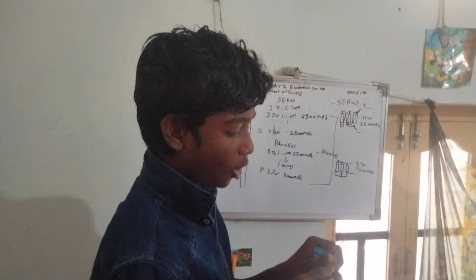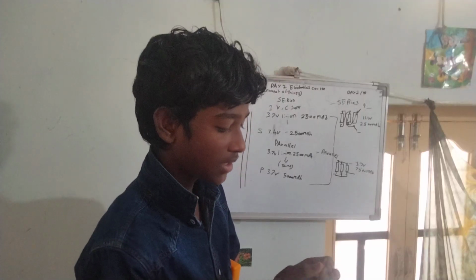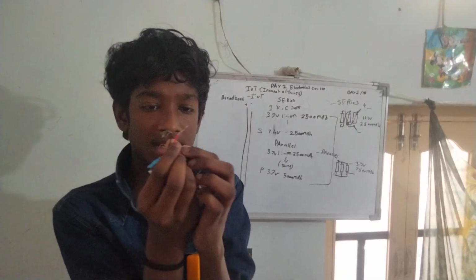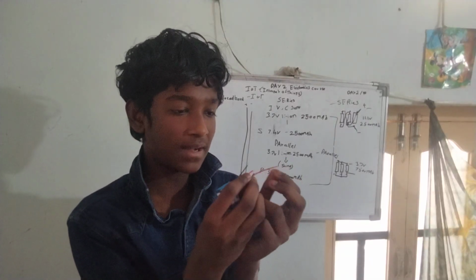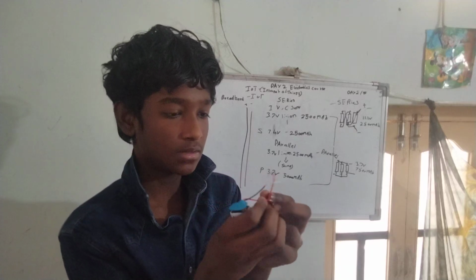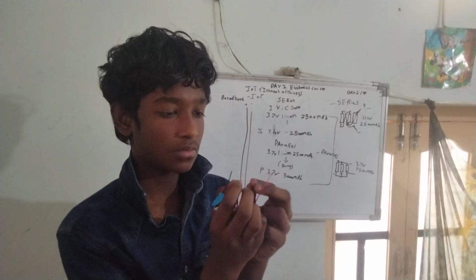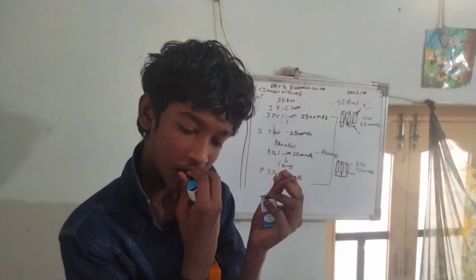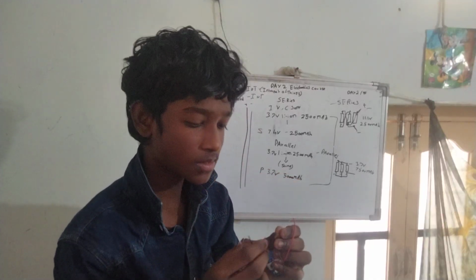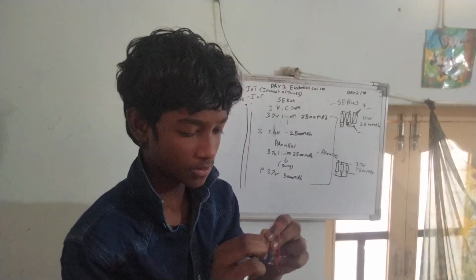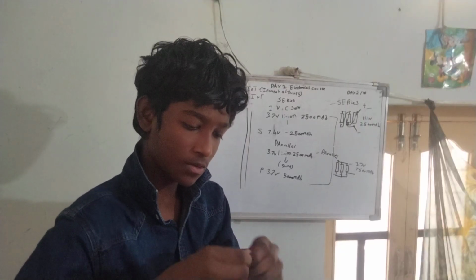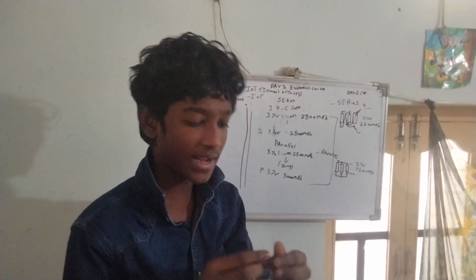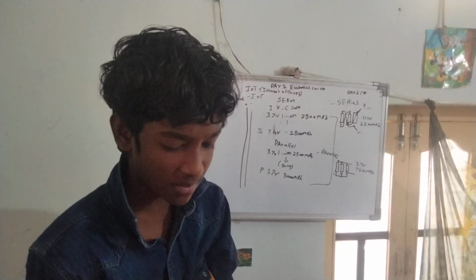So first we go with the series connection. In series connection, we have to connect a positive to the negative of another battery. So now we connect this. Again, we have to do the same on the other side.